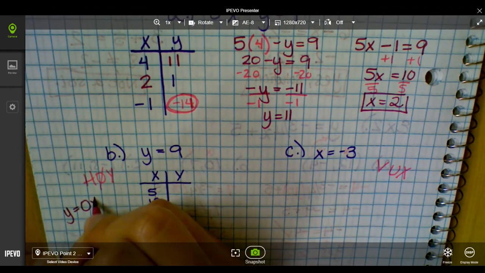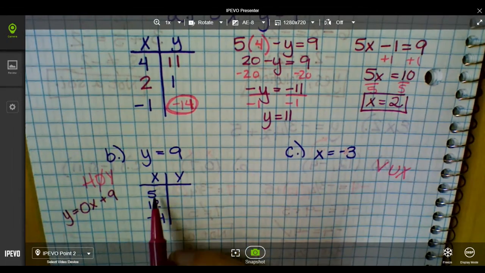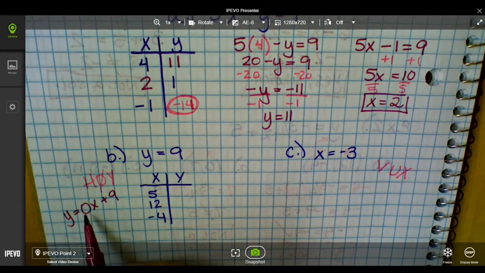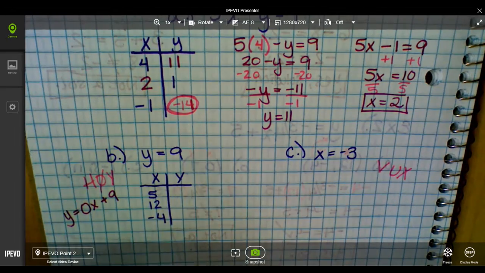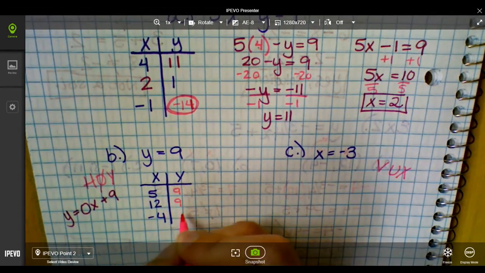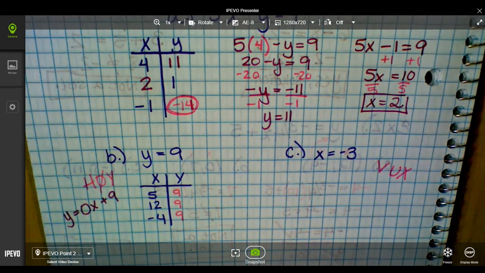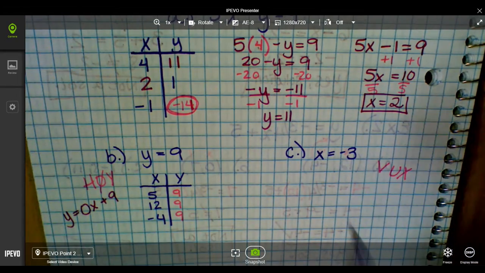Y equals 0x, and then my y-intercept is just going to be 9. So no matter what x value I'm plugging in for here, 0 times 5 is nothing, 0 times 12 is nothing, 0 times -4 is nothing, and every single time I'm just going to get 9 out because y equals 9. That horizontal line, I can have any x value I want, but that y is going to equal 9.